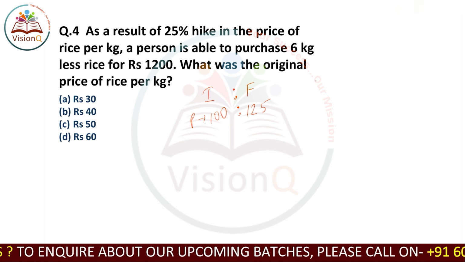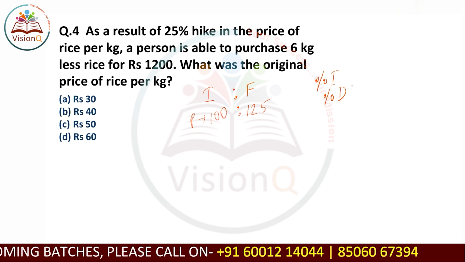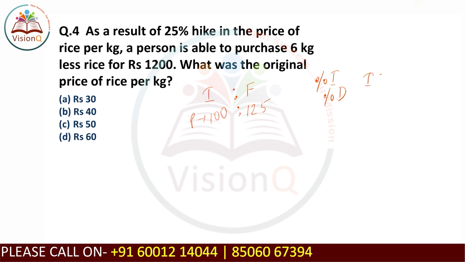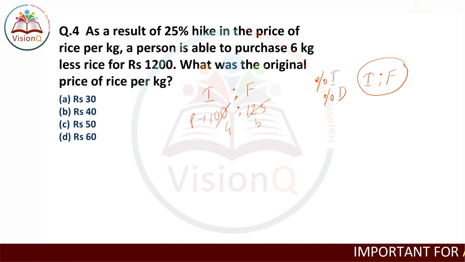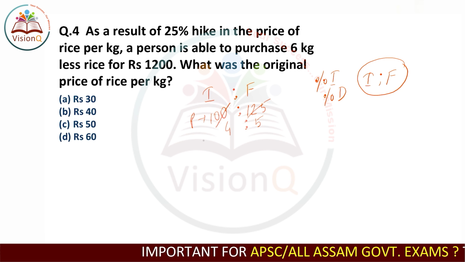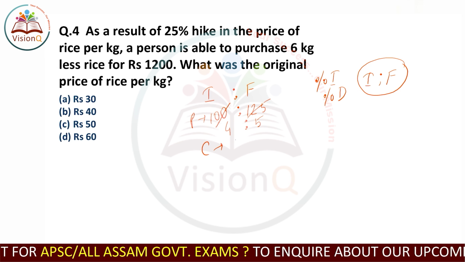So always in case of percentage increase and decrease, we get the ratio of initial value to final value. So if the initial price was 4 rupees, now it becomes 5 rupees. This is the ratio of initial price to final price. Now we know price and consumption are inversely proportional, so the consumption ratio becomes 5:4.